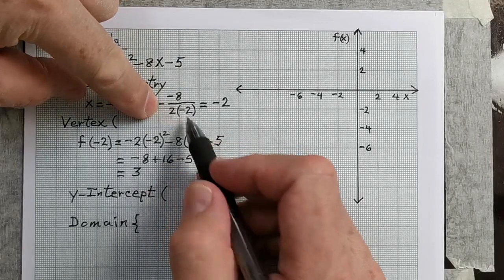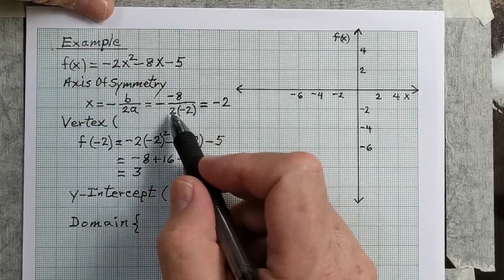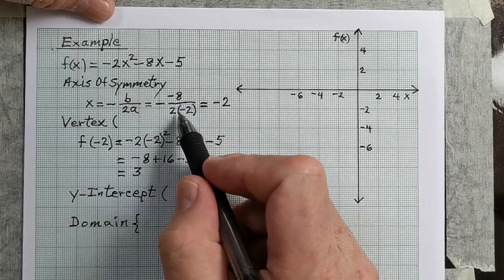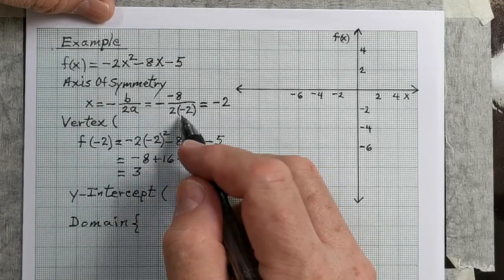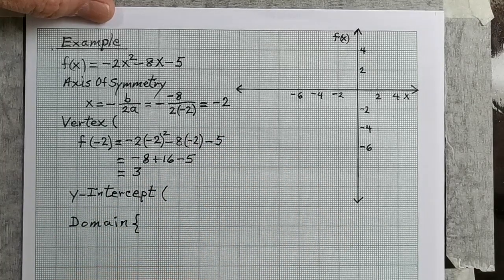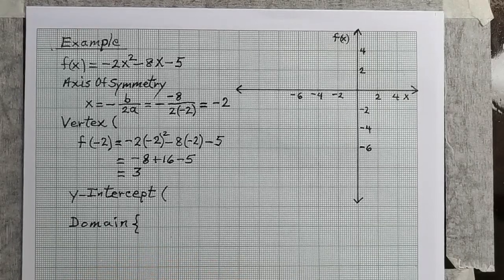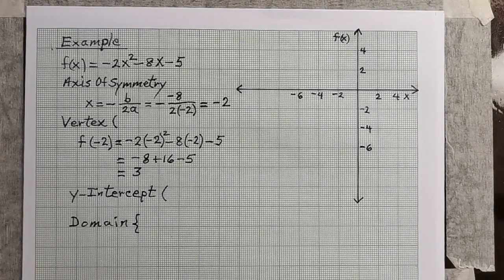So a negative divided by a negative is a positive, and then we put a negative in front of that again. So our answer is 8 divided by 4, which is 2, and then the minus in front, so it's minus 2. That tells us that the axis of symmetry is x equals negative 2.